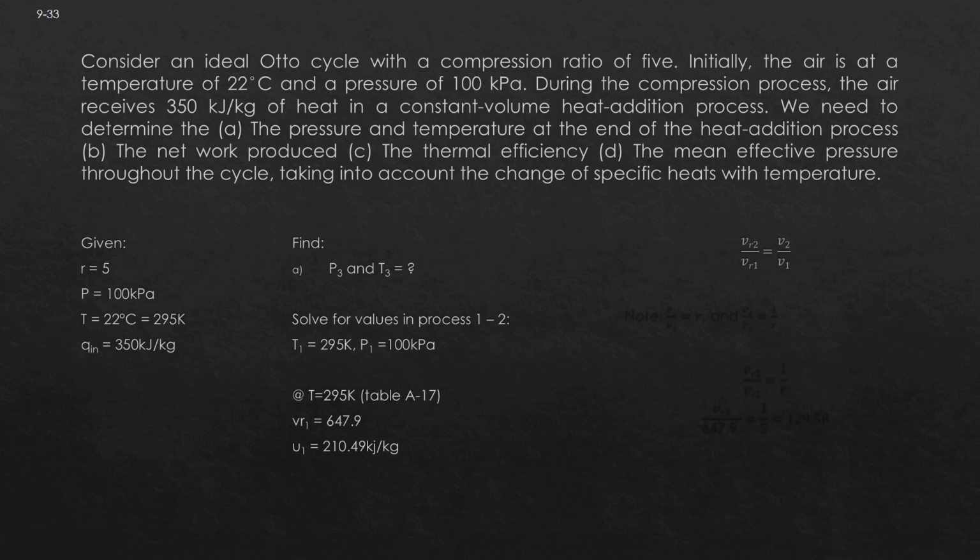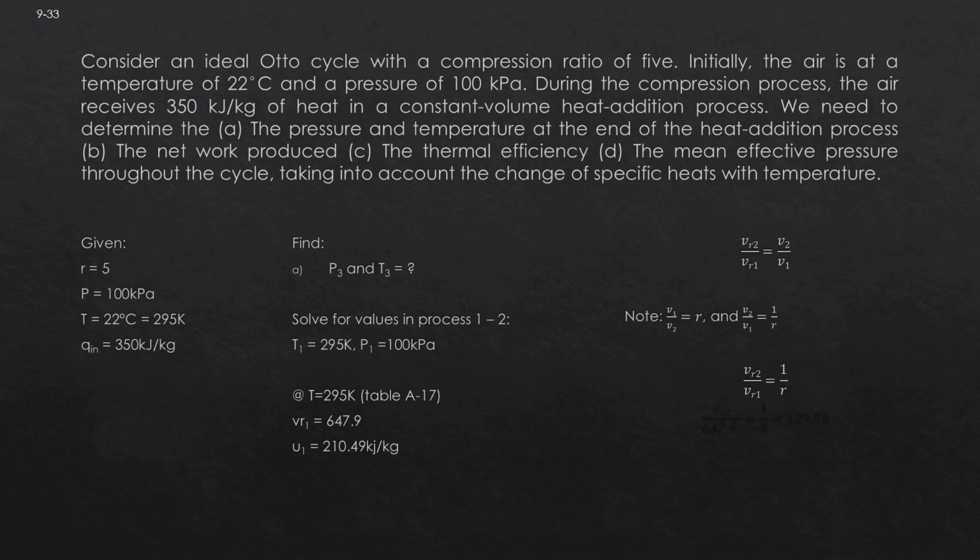For state 2, we have this equation: vr2 over vr1 equals v2 over v1. Note that v1 over v2 is equal to the compression ratio, and v2 over v1 is equal to 1 over the compression ratio. Therefore, vr2 over vr1 is equal to 1 over r.